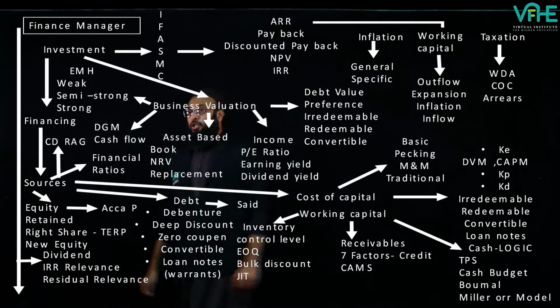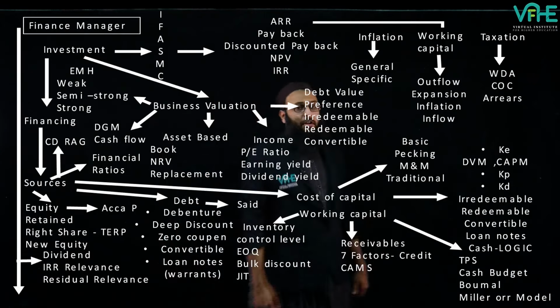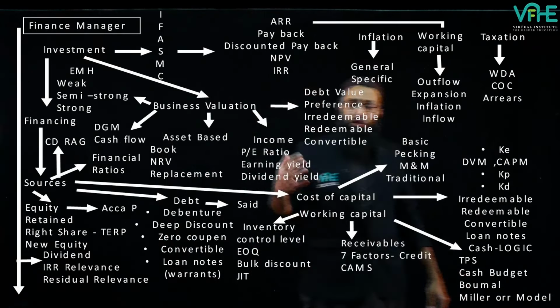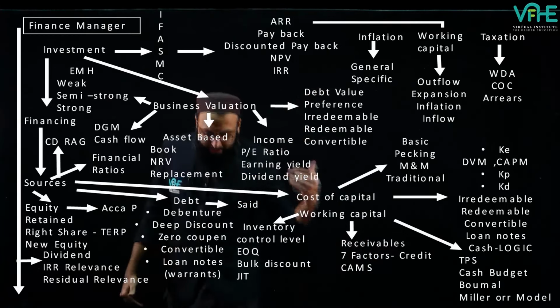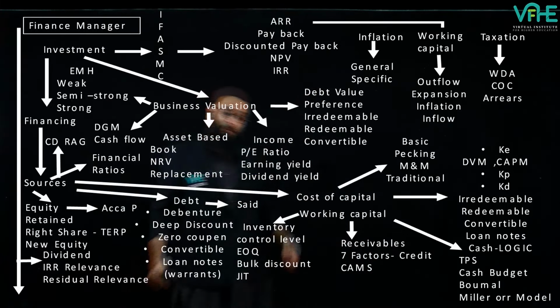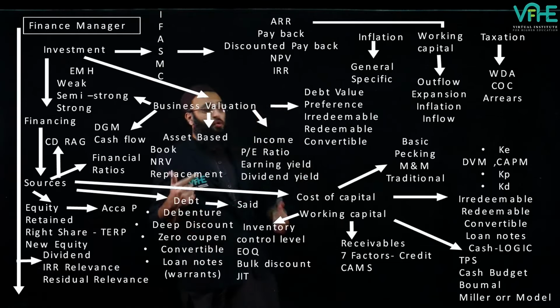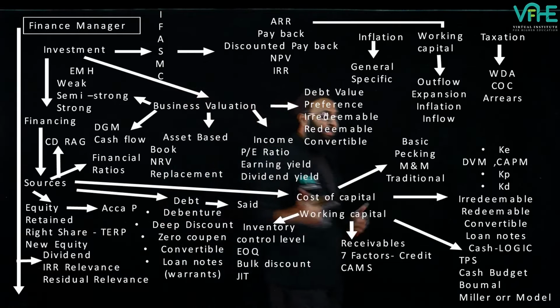Okay, so this is monitoring the credit system. So this is a collection of overdue debt. Then comes monitoring the credit system, which means that on a continuous basis you need to perform aging analysis.